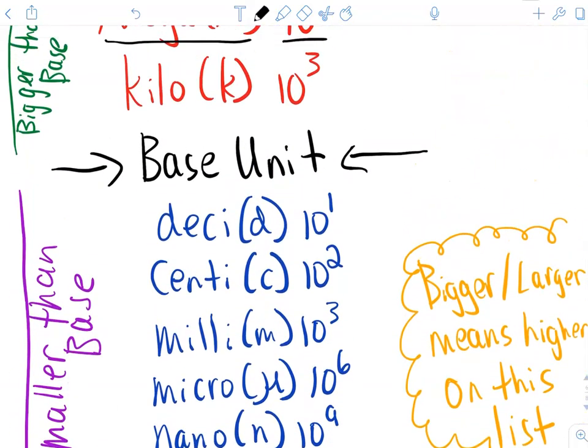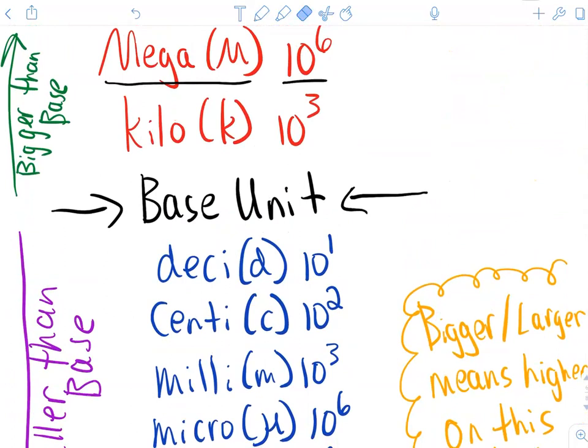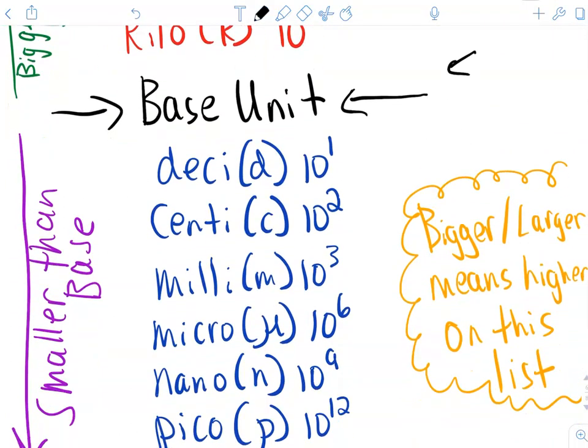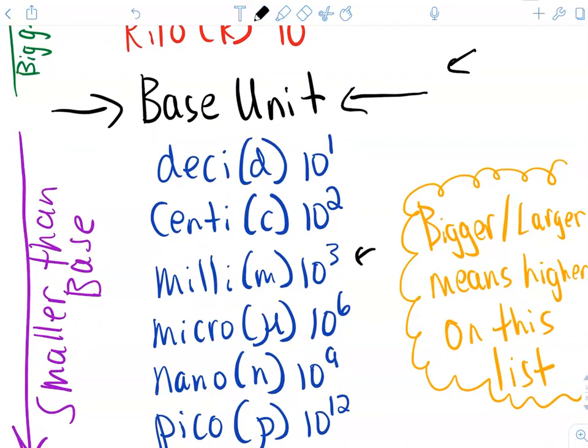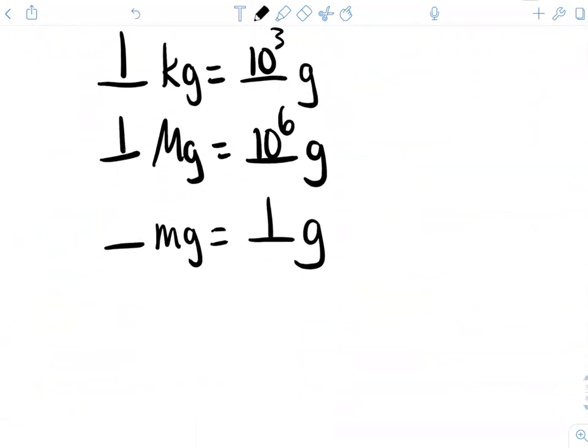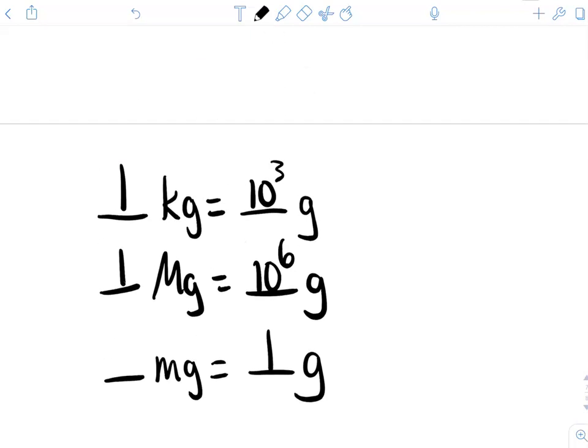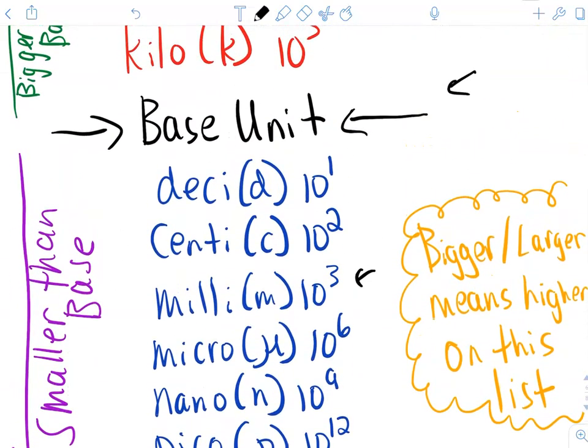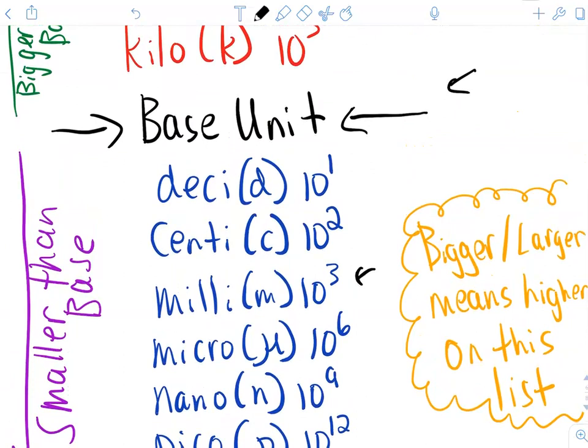Now, let's look at if we had milligrams and grams. Well, this time, keep in mind that gram is my base unit, so I'm right here, and then milli is right here. So in this case, gram is actually going to be bigger. Now, the gram doesn't have a factor that's associated with it.